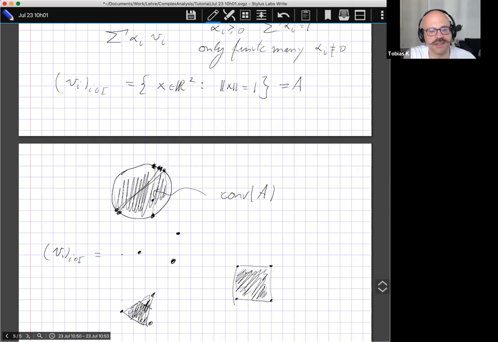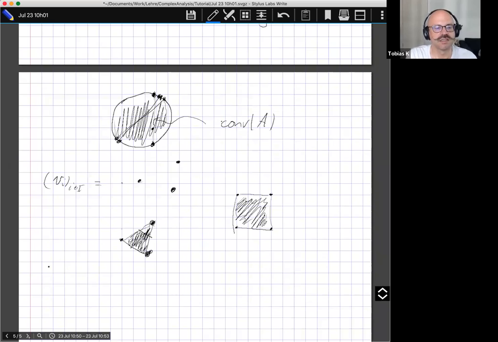So here, anything you have you can write as a convex combination of these 3 points. In this case, you can't do that. And so using that for our theorem, the Carathéodory theorem gives us the result.